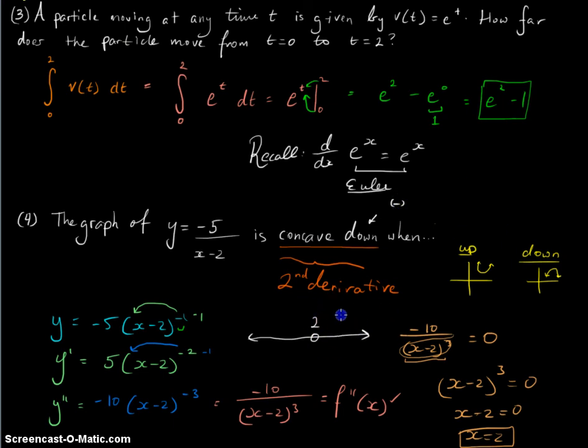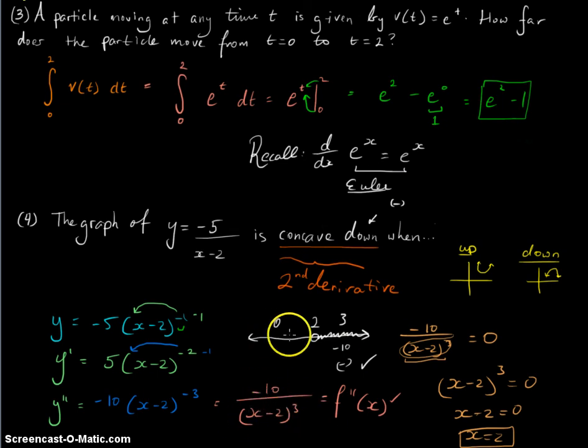So let's pick a number such as 3, and plug this into our second derivative: negative 10 over 3 minus 2. What's 3 minus 2? 3 minus 2 is 1. 1 cubed is just 1, so this becomes negative 10, which is negative. So this works. And now let's pick a number like 0, which is less than 2. So 0 minus 2 is negative 2. Negative 2 cubed is negative 8.